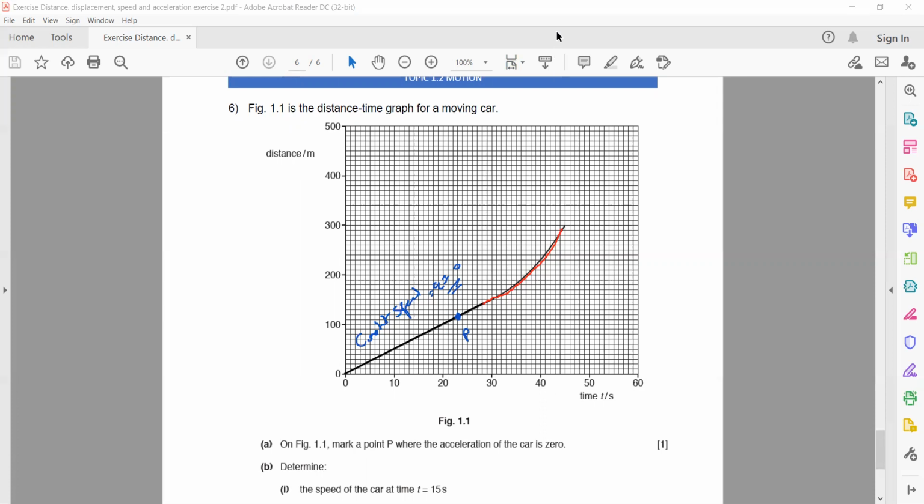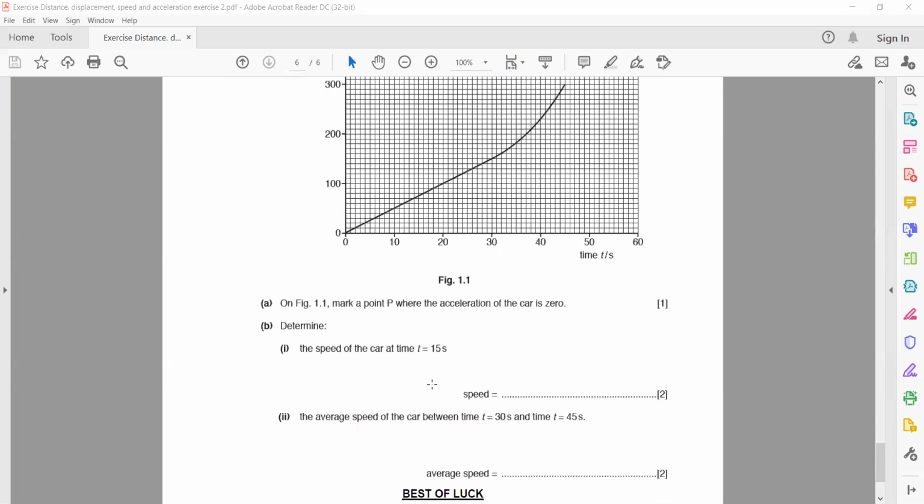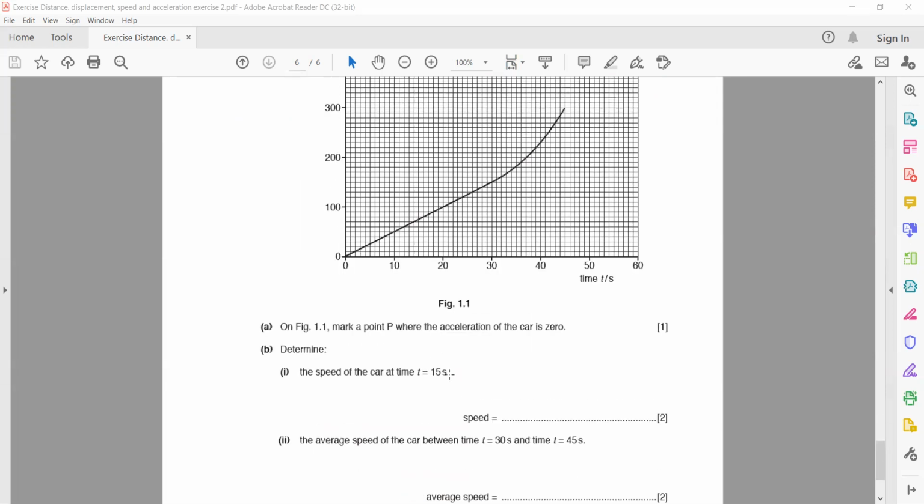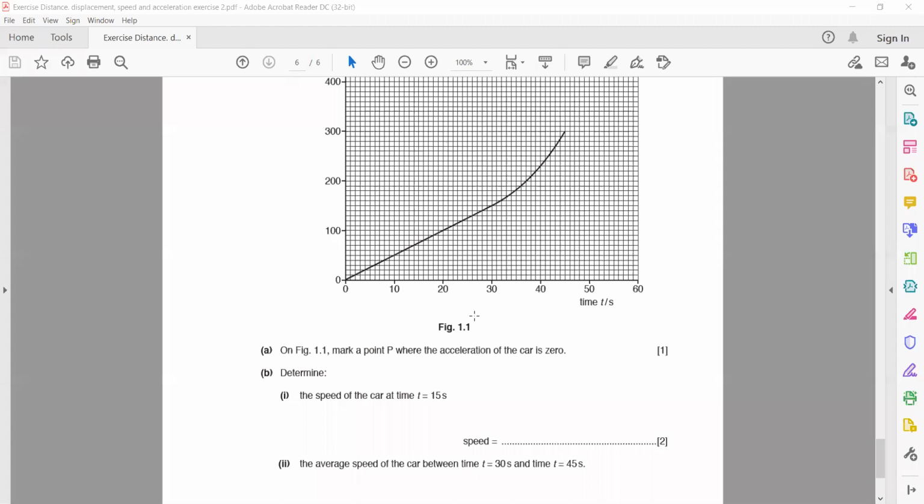The second part: determine the speed of the car at 15 seconds. Basically, in this region the speed of the car is constant, so we can use the total distance to find the speed in this region: distance travelled divided by time.